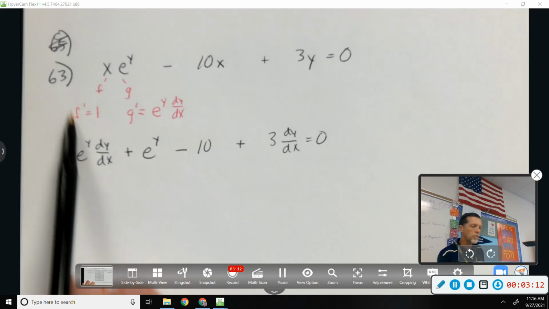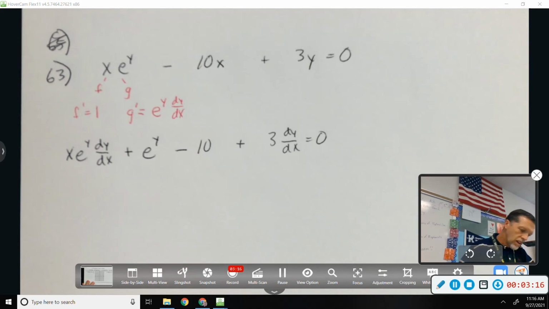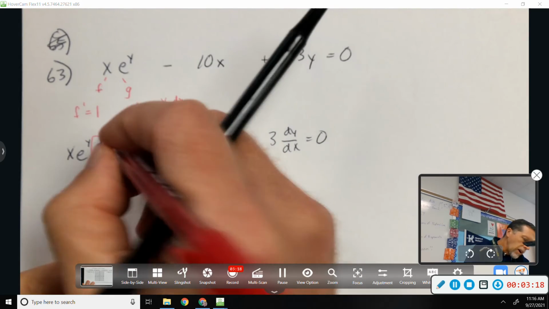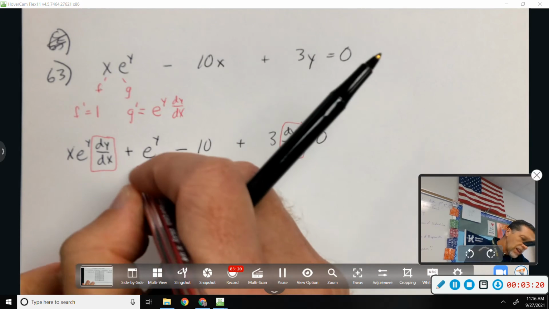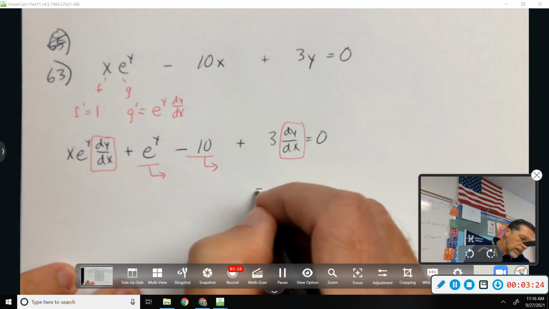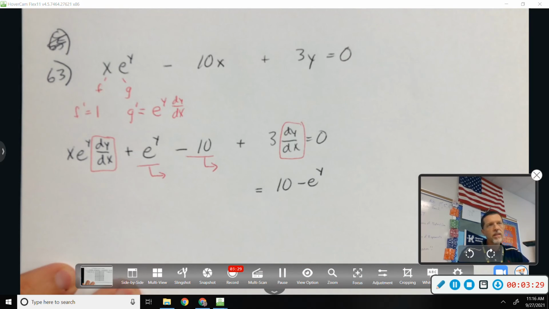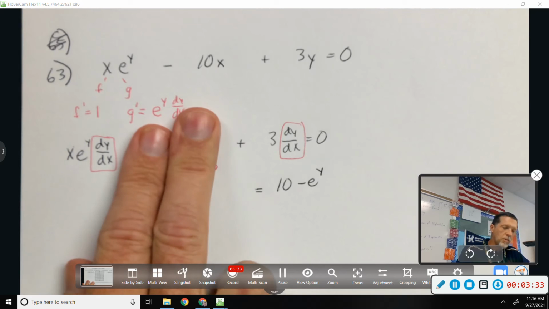Okay, so we had some product rule going on in there, some e to the y stuff. Let's see. Anything with a dy dx is going to stay. Anything without a dy dx is going to go. So 10 minus e to the y on the right. On the left, trying to save work here.